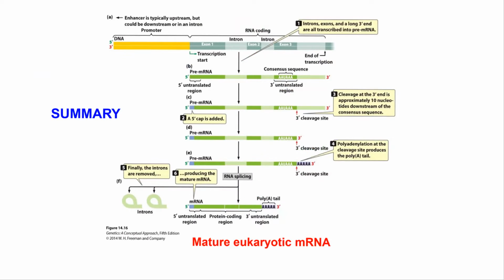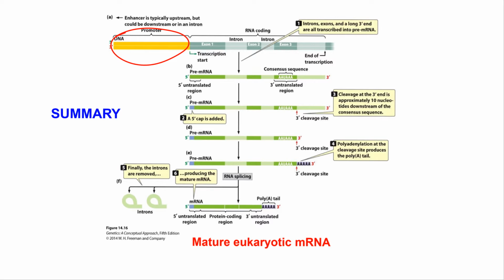So let's now summarize what we learned up to now in chapters 13 and 14. RNA transcription is the first step in gene expression, and it starts at the DNA promoter. It's a region of the transcription unit which is not transcribed into pre-mRNA, but it's critical for transcription because it's the place where the transcription apparatus assembles.